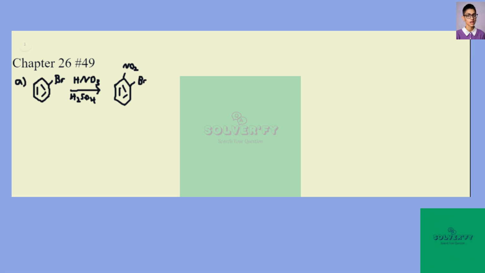Okay, and when we reduce that, so hydrogen gas and palladium on carbon, we will get the amine. So there's no good way to directly add an amine to an aromatic ring. So we add the nitro group and then reduce it.